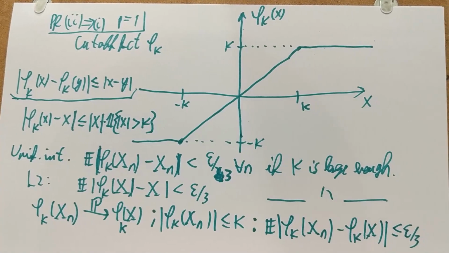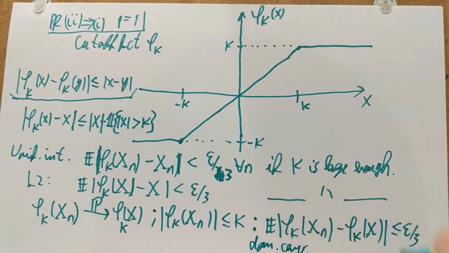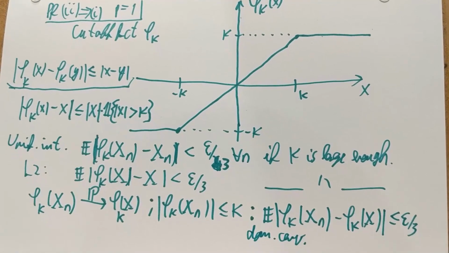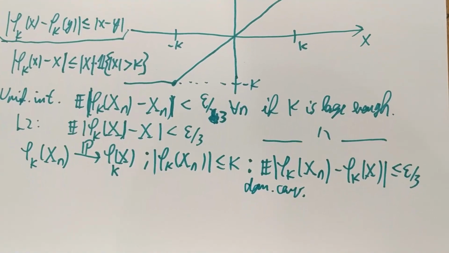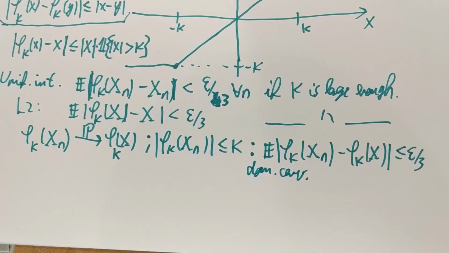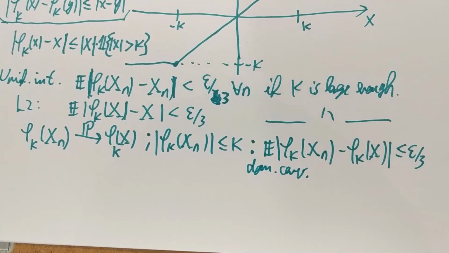You can certainly do that in this probability sense, and now you have to believe me that this is dominated convergence. Dominated convergence takes this limit out from inside the expectation, and the L1 distance between phi k of xn and phi k of x also converges to 0. In other words, once k is fixed, one can pick a large enough n so that this is true. And now we can finish the argument.